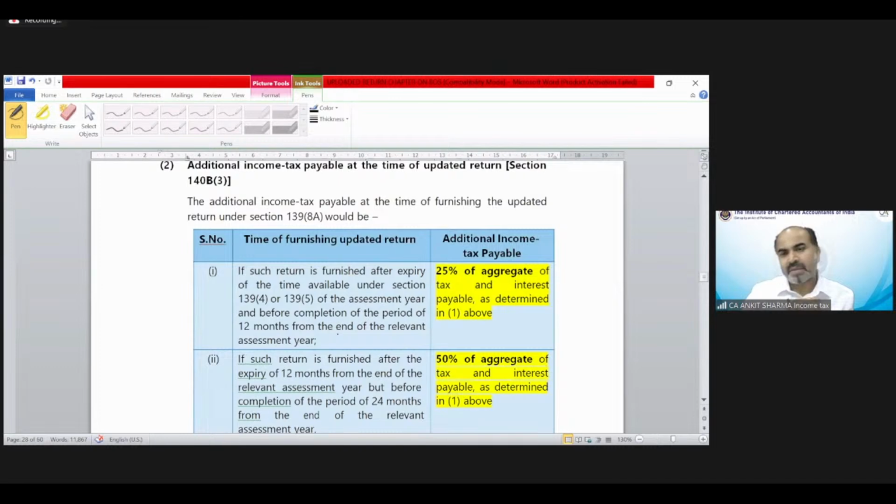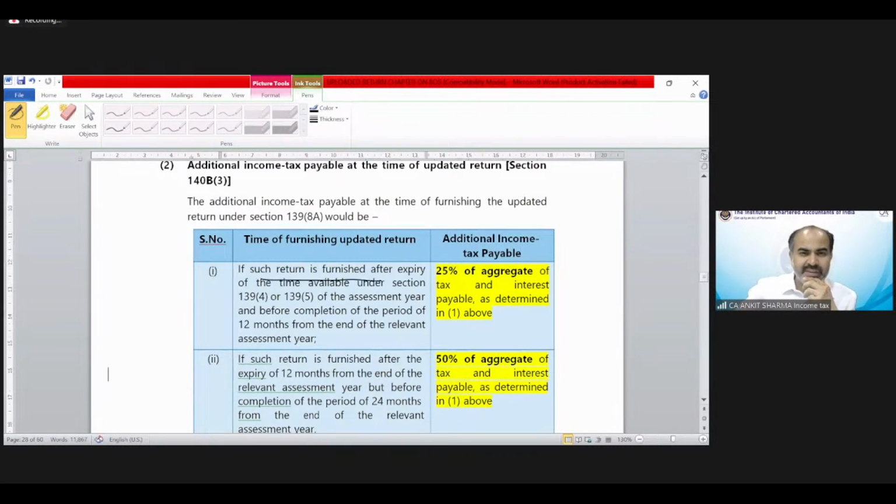So when is it 25% and when is it 50%? The provision says if such return is furnished after expiry of the time available under section 139(4) or (5), that means after 31st December 24 of the assessment year, and before completion of 12 months from the end of the relevant assessment year.